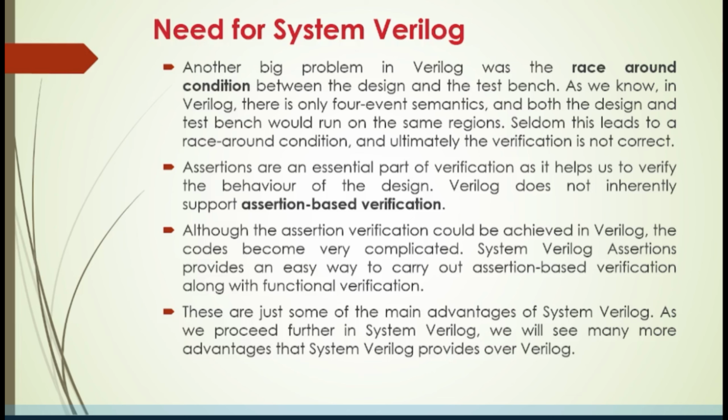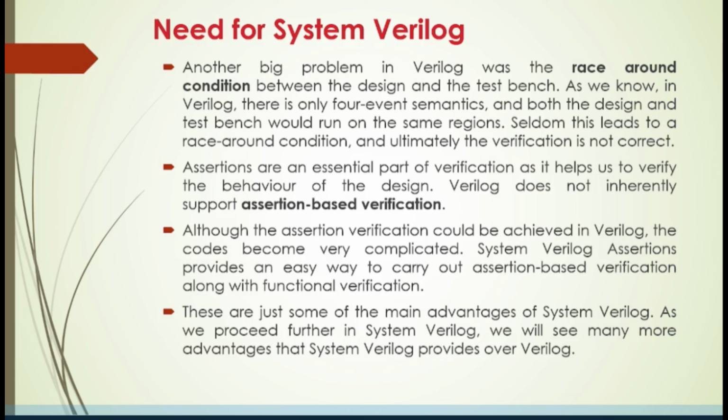For example, when you write $display and $write, both are executed in the active region itself. And the assign keyword, the continuous assignment, is also executed in the active region itself. So when all these happen in the active region, the system gets clashes about which to execute first and which next.